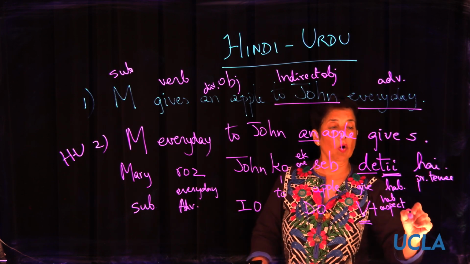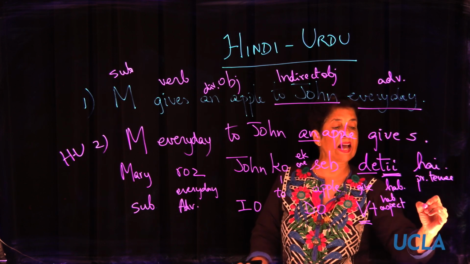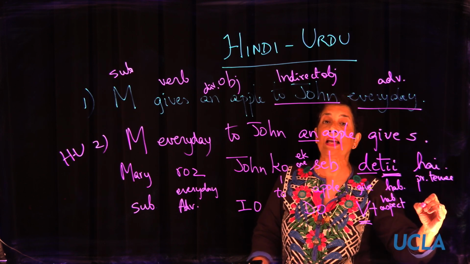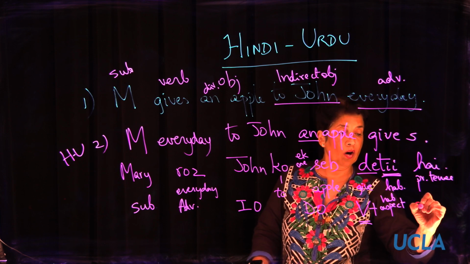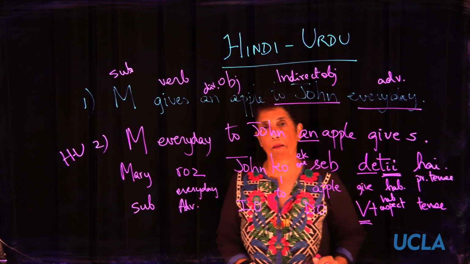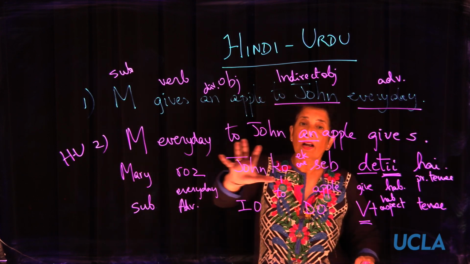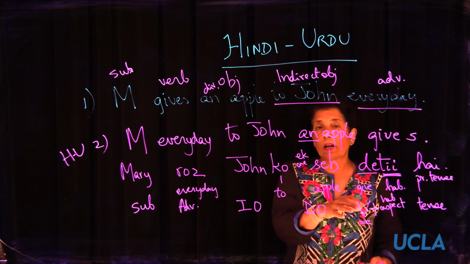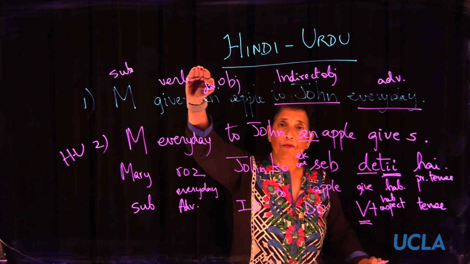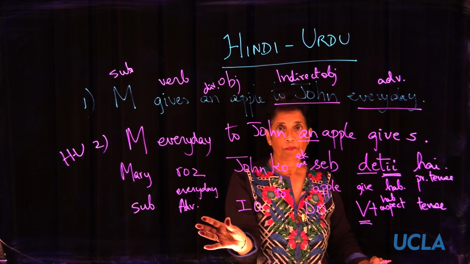And then there is a word boundary, and then you have the tense marker as a separate word. Okay, so this is the tense marker, and you end the sentence with that. So here is the canonical word order, well, here for English and here for Hindi-Urdu.